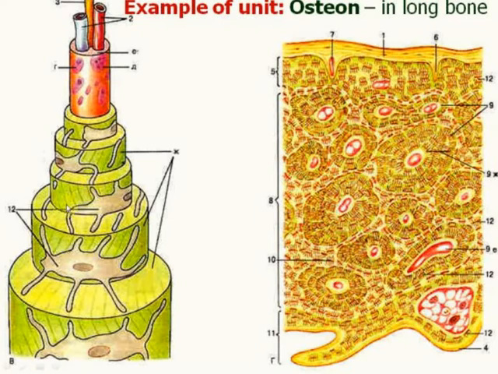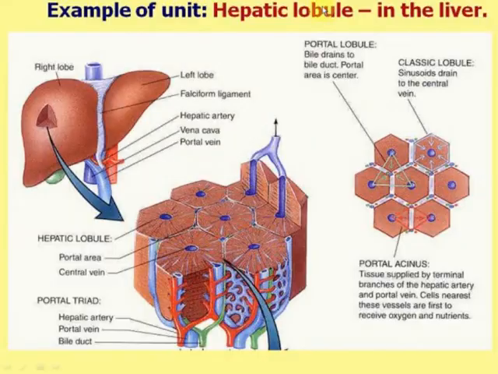For example, osteon or Haversian system is structural and functional unit of long bone. A hepatic lobule in the liver. The liver consists of about 500,000 similar lobules, hepatic lobules, structural and functional units of the liver.